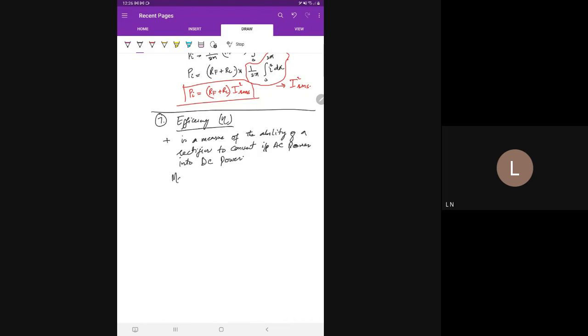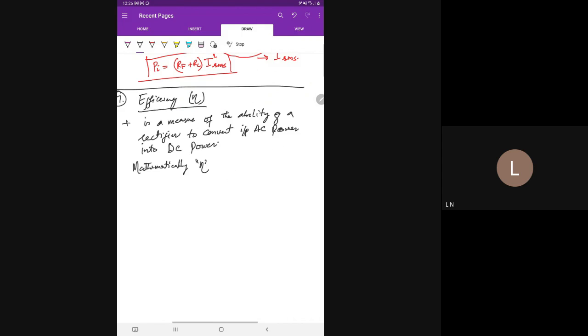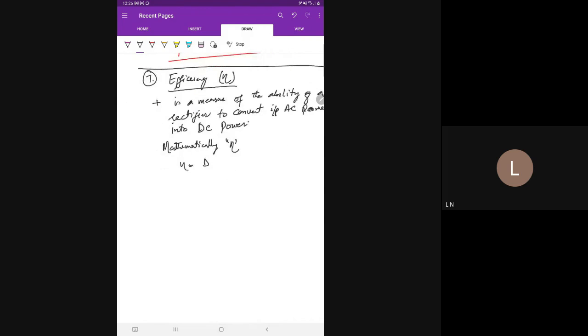Okay, so mathematically, neta is equal to DC output power divided by AC input power. So mathematically, the efficiency will be output by input.